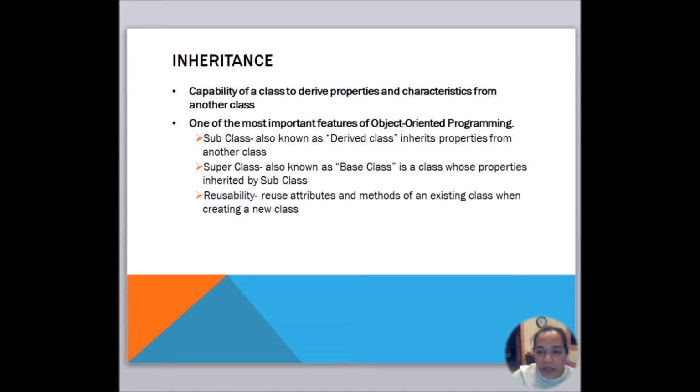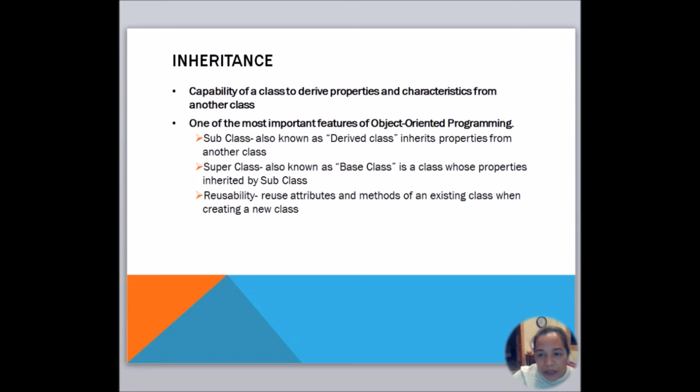Inheritance is one of the most important features of object-oriented programming. A class that inherits properties from another class is called a subclass or derived class. The class whose properties are inherited by a subclass is called a base class or superclass.